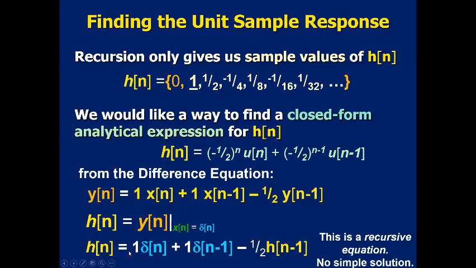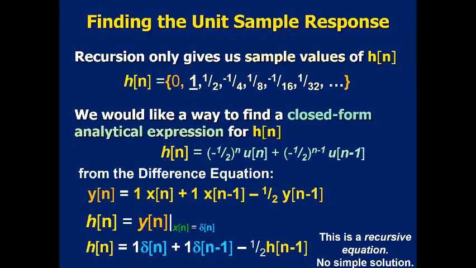My h of n equals, replace x sub n with delta sub n, x sub n minus 1 with delta sub n minus 1, and so on. But when I get to the recursive terms, the feedback terms, those aren't deltas. They're not x's, they're y's. So I have to call those h's. And so what I end up with is h of n in terms of itself, or at least a delayed version of itself, which is a recursive style equation.